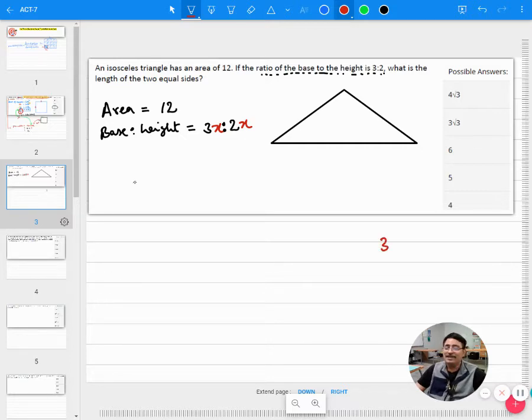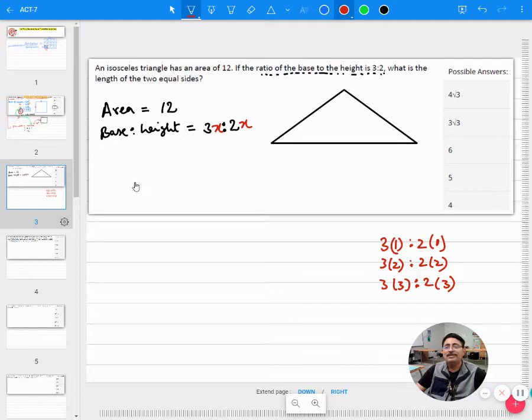Like when they say 3x and 2x, it could be 3 times 1 and 2 times 1, or it could be 3 times 2, 6, and 2 times 2, maybe 3 times 3 and 2 times 3.